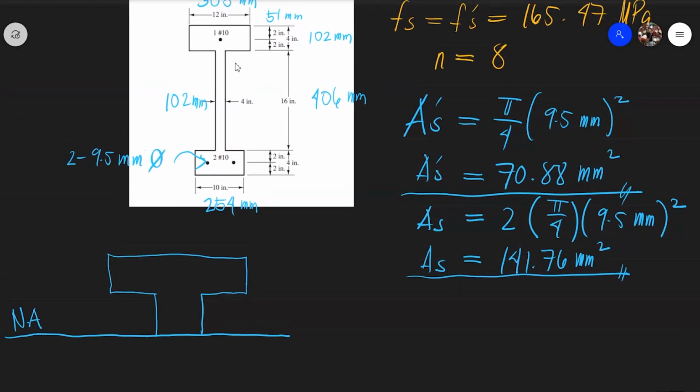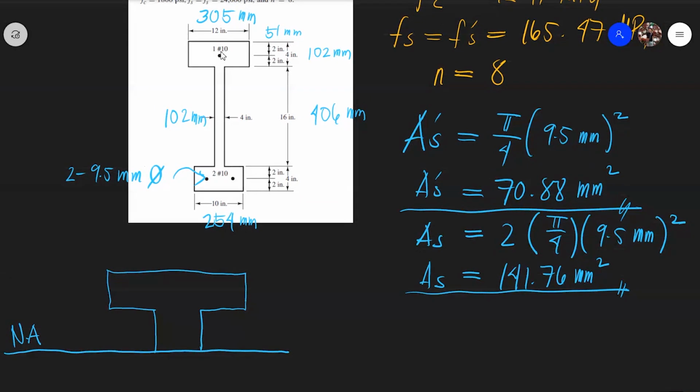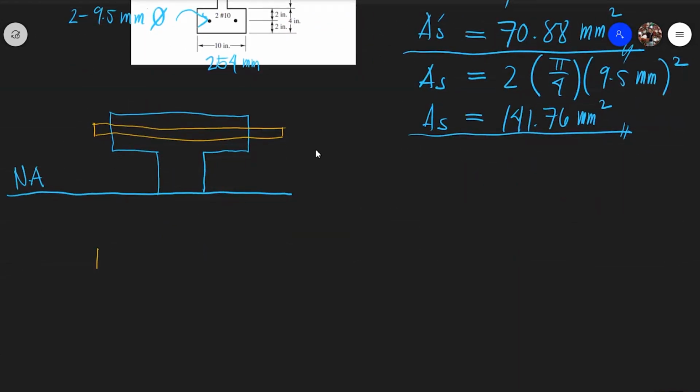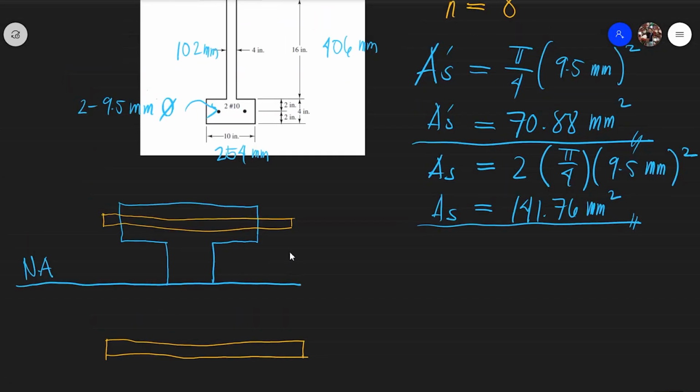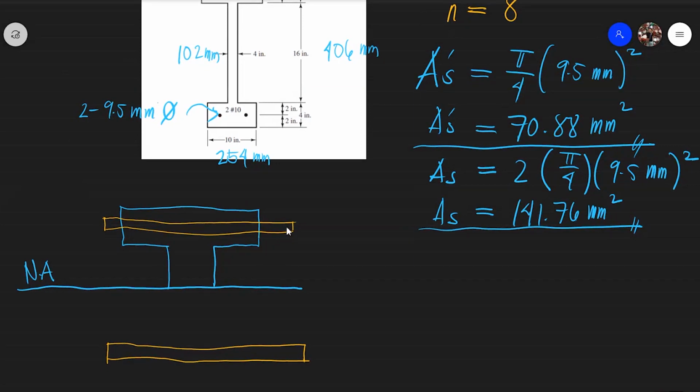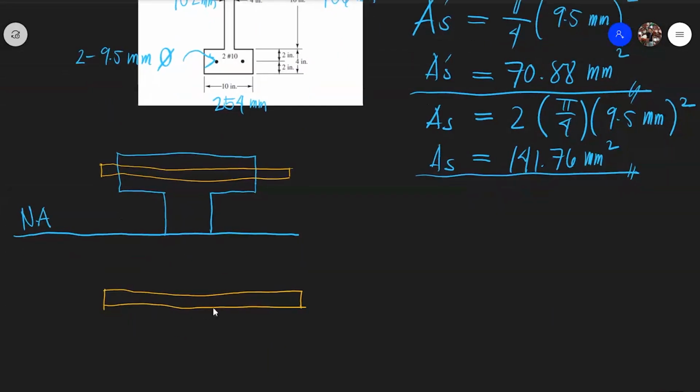Okay, there is also reinforcement. You can see the reinforcement, a number 10 bar. I will put all the transformed sections here: the equivalent area of the steel in concrete in compression, and here the equivalent area of the steel in concrete in tension. This one is steel in compression, and this is steel in tension. The tension steel is equal to NAS.